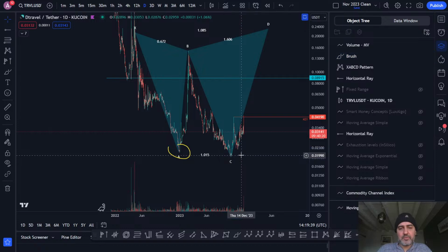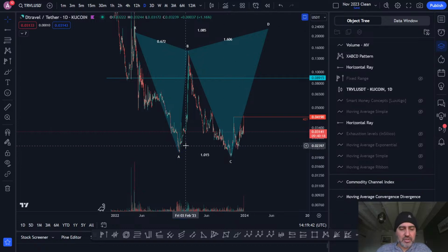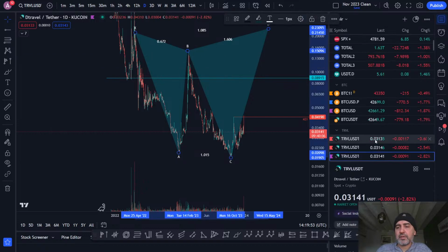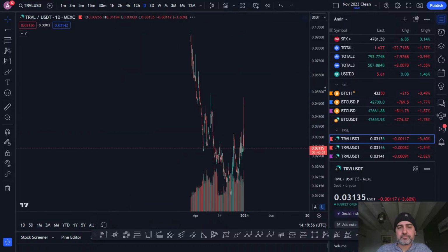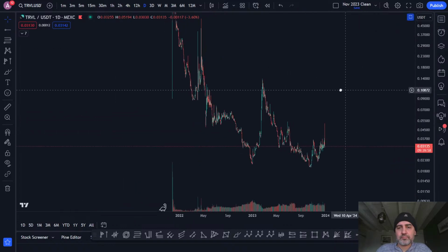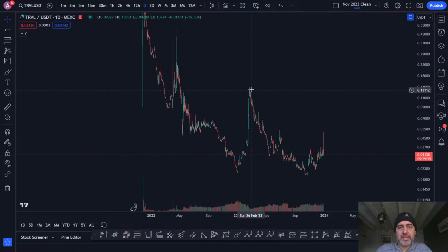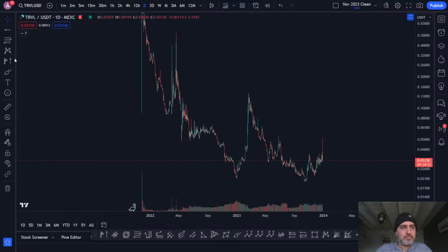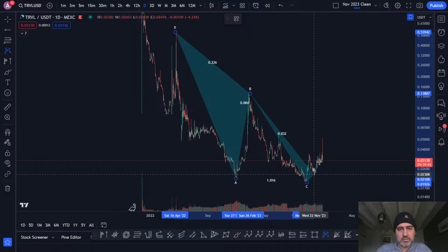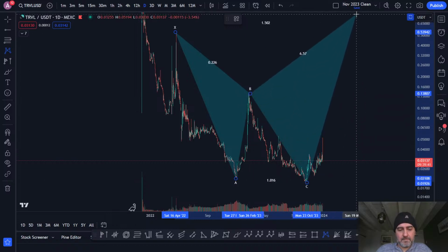Now, if it was a shark, a bearish shark, let me try and draw it. It would look more like this. Hold on. A bearish shark is more like, I'll draw it here. Trying to use this middle pivot, a bearish shark would look something like that.